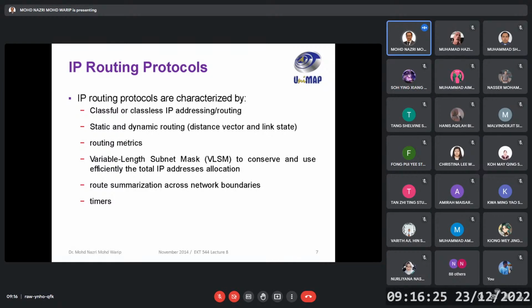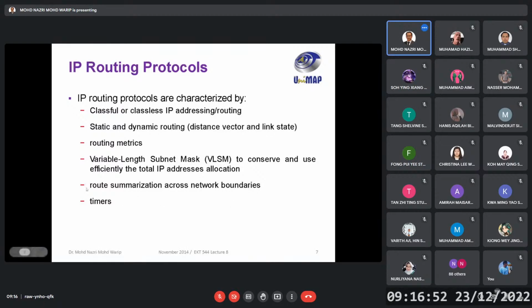Routing metric means the cost. Is it based on bandwidth, based on link, based on preference, based on many metrics? The metric means like a parameter. Variable length subnet mask, or VLSM, is used to conserve and efficiently use the total IP address allocation. So it also depends on VLSM. Route synchronization across network boundaries and timers.